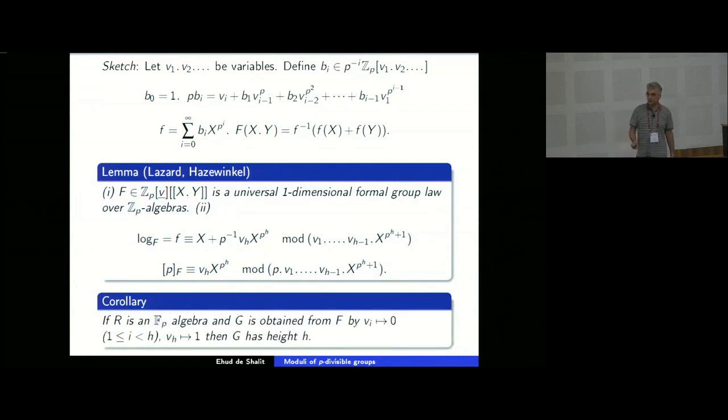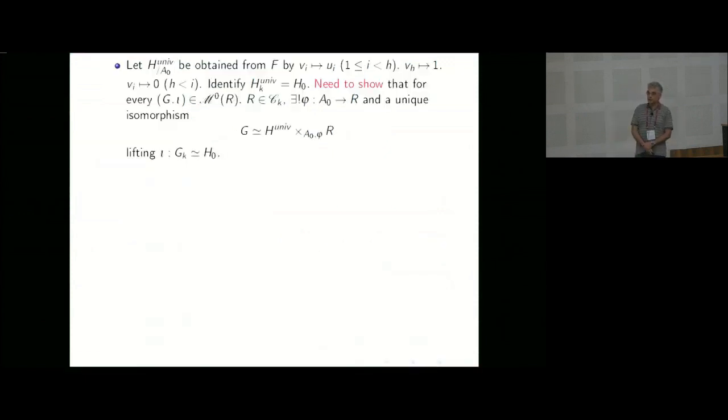Yeah, this is what I just said. But if you go now to our setup, and you take this ring A0, which is the power series ring over ZP in U1 up to UH minus 1, you want to construct a candidate to be a universal object there, that would represent the functor of deformations.